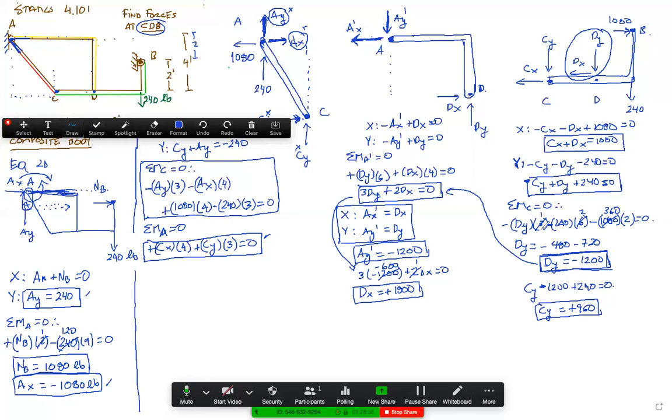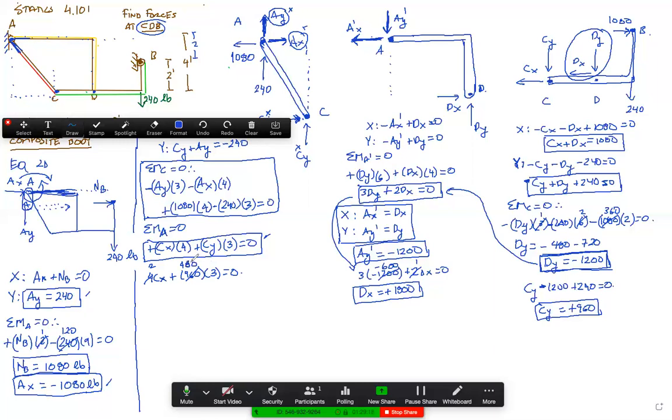Maybe you can help me out at home doing this, but I can use this one over here. So I'm going to use that one, and that means I will get 4 CX plus the positive 960 times 3 equals 0. So if I do that, you get 2, therefore you get 480.